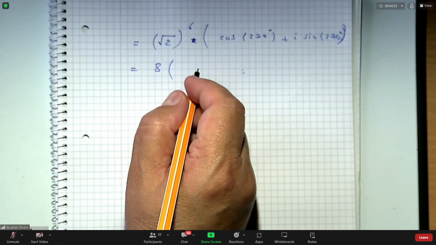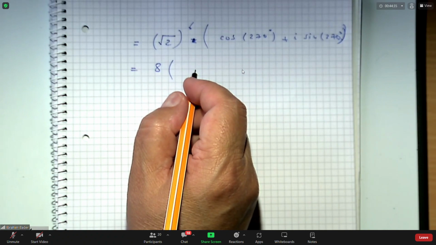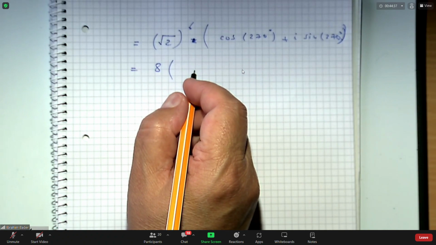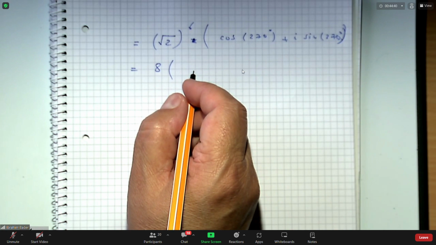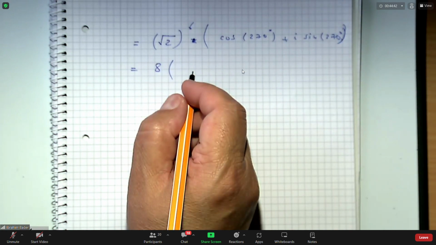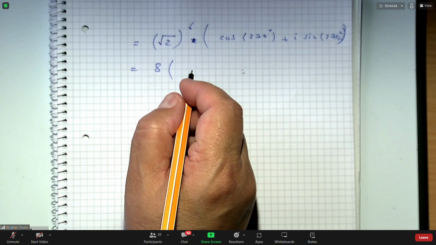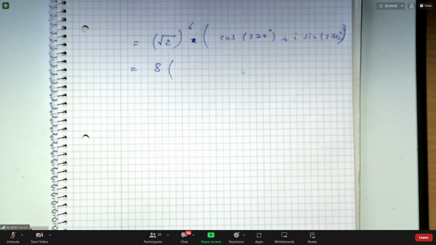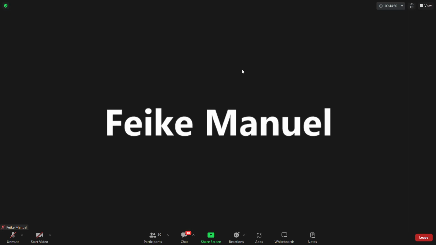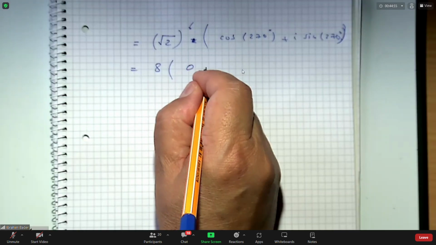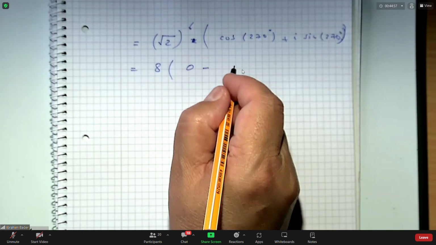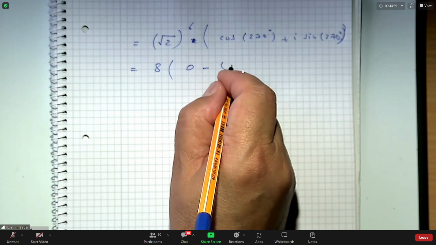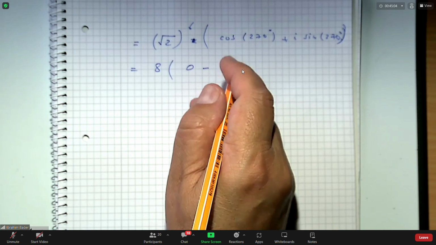What is cosine 270? 0. And sine? Is it 0 or negative 1?